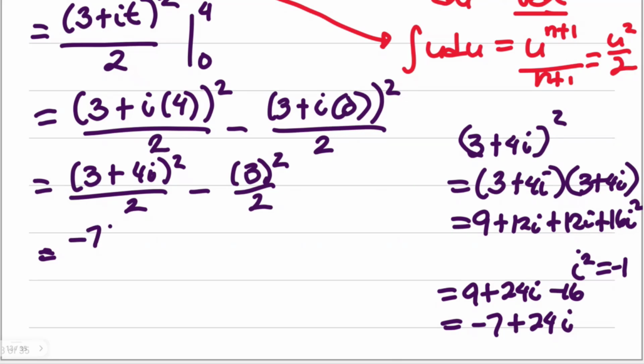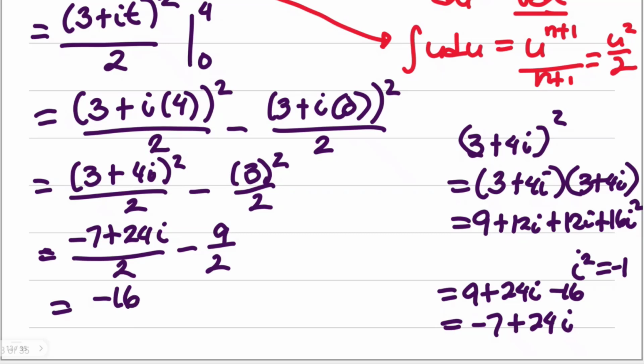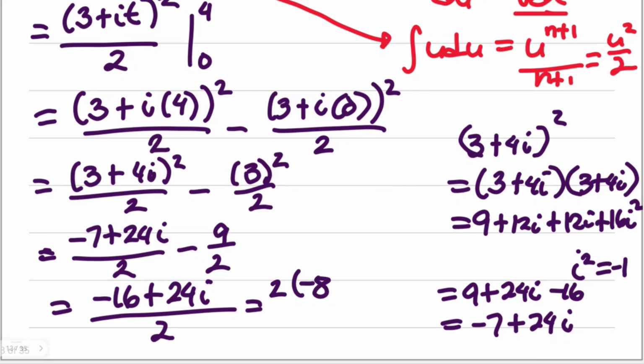Negative 7 plus 24i over 2 minus 9 halves, which will give us a final answer of negative 16, not yet the final answer, over 2. Factoring 2 in our numerator, you have negative 8 plus 12i over 2.